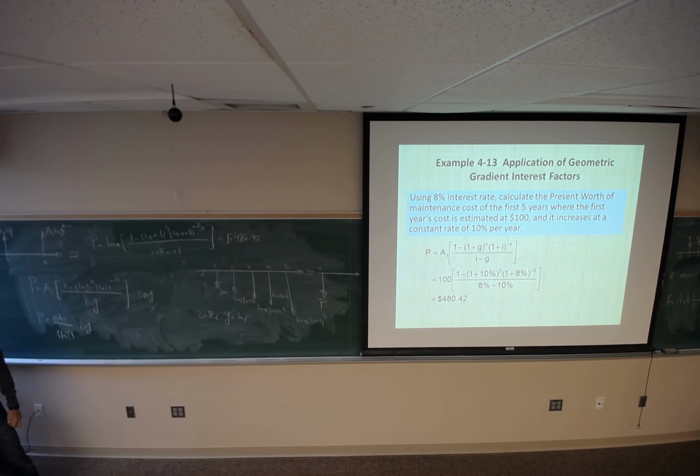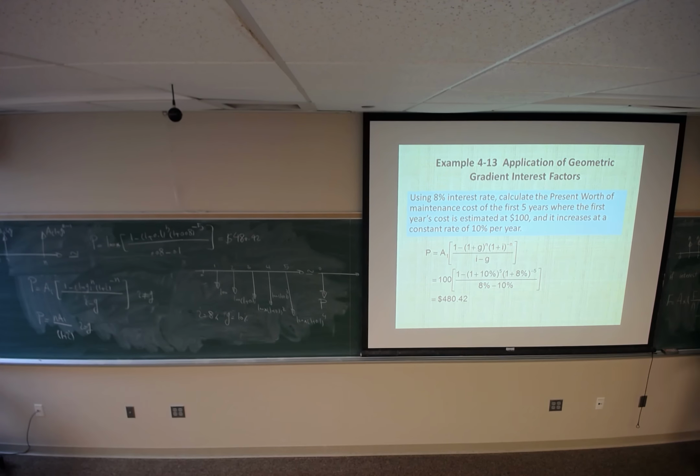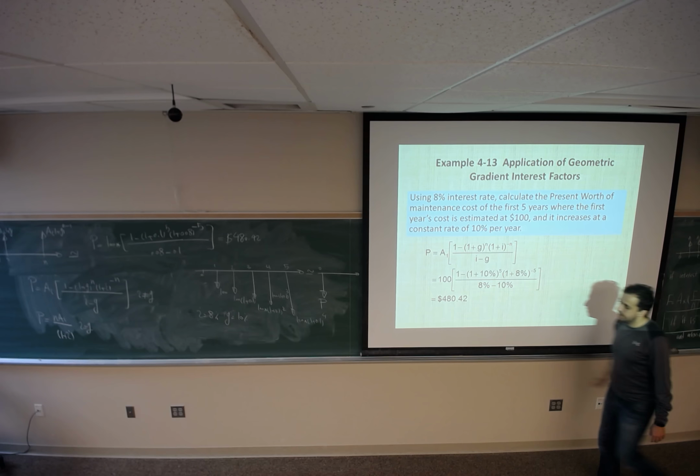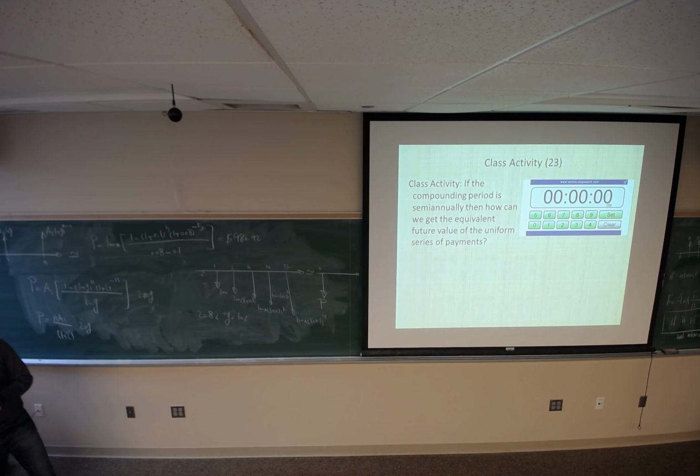Now, if the compounding term is not yearly, if it's compounded quarterly, and the interest rate is R%, what would be the future value of this uniform series of payments?